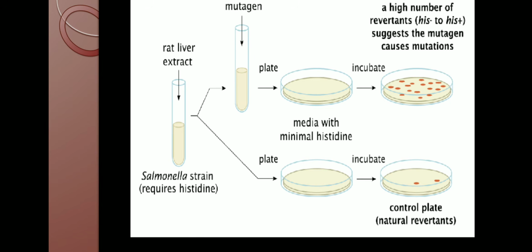Again the chemical compound that we have used has reverted that gene. So it has mutated the gene to revert back to produce histidine. So therefore it is producing histidine and growing lavishly on the media, and we can see the colonies growing on the media. So a high number of revertants will be observed if the chemical compound is a mutagen.